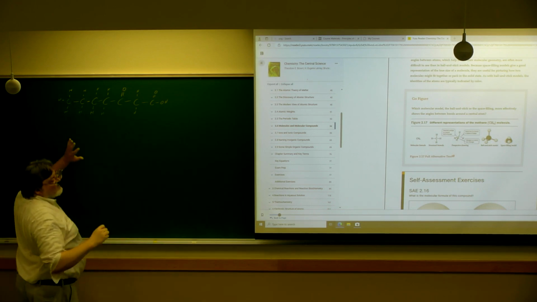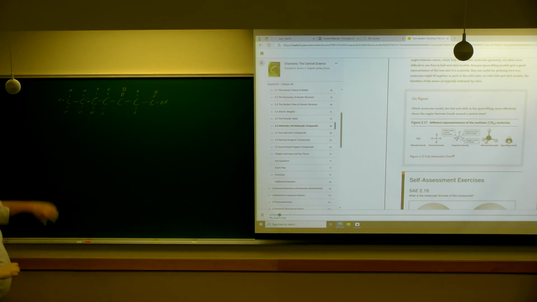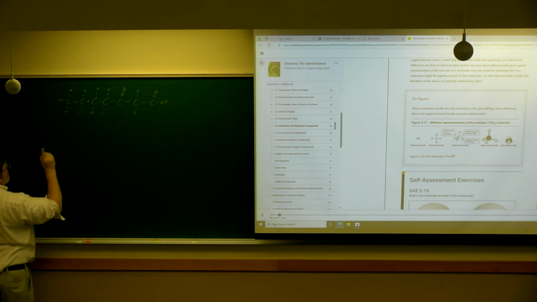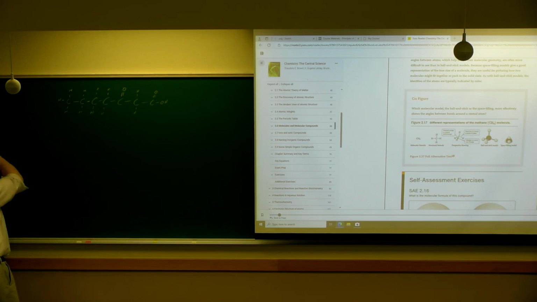So this is that structural formula. Like I said, I would call that a structural diagram. So somewhere in between, you've got your empirical and then you've got molecular formula. And what is it now?